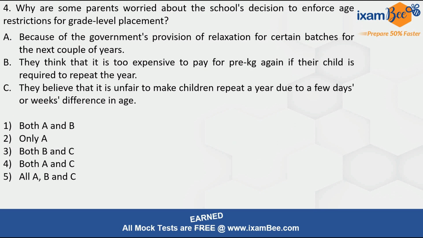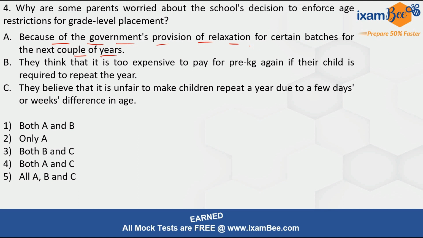Now the next one is this: why are some parents worried about the school's decision to enforce age restrictions for grade level placement, right? So why are the parents worried? Actually this says because of the government's provision of relaxation for certain batches for the next couple of years. Now because the government had brought this rule midterm, now the government has decided that this rule will not be imposed right now but after 2025, right?